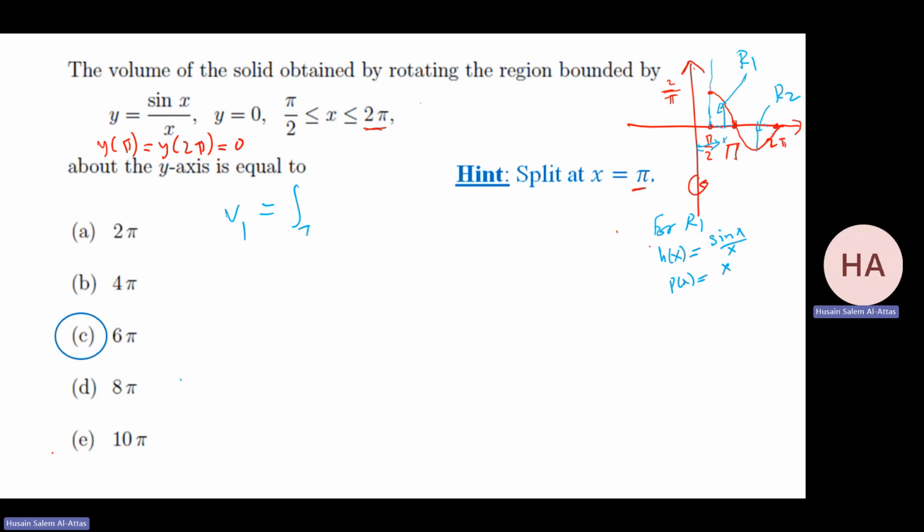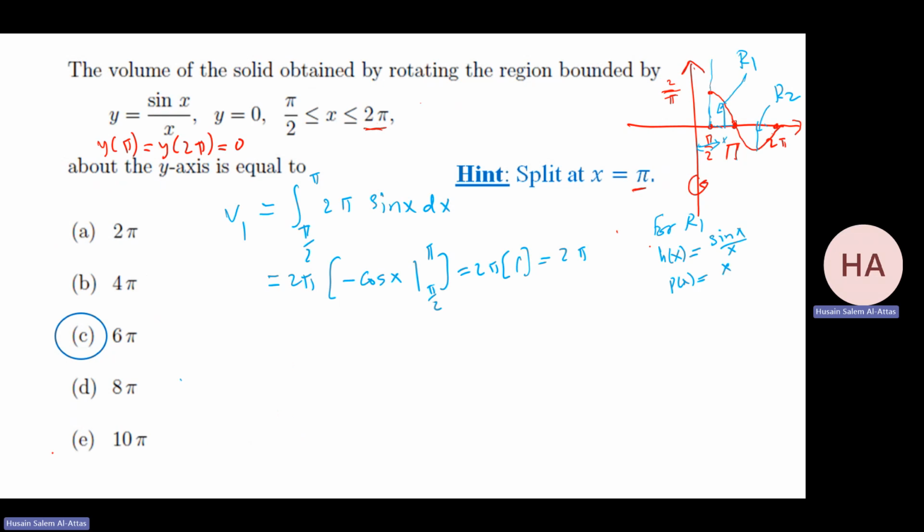V1 will be the integral from pi over 2 to pi of 2 pi times sine x over x times x, which is sine x dx. That will make it easier. So I have 2 pi times the integral of sine, which is minus cosine, from pi over 2 to pi. Cosine pi is minus 1, minus that will be 1. So that gives me 2 pi. Good.